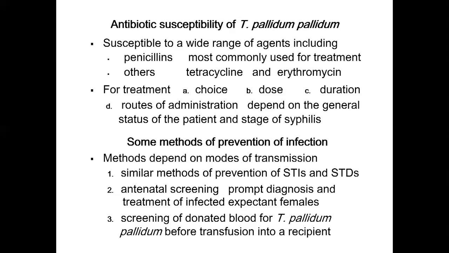The way one would treat the primary illness with an ulcer is not the same as the way one treats congenital syphilis or late-stage syphilis. So the details of treatment are known by the clinician, how to treat each type and which penicillin or which antibiotic.